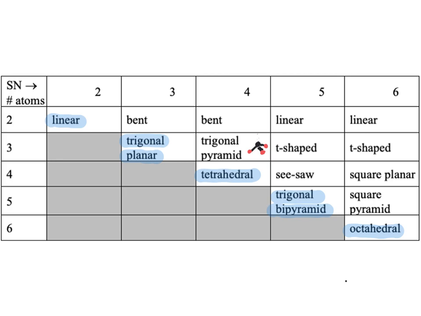So all the sides of that pyramid are triangles, and so that's a trigonal pyramid. Now if I remove one more atom from that, so if I have 2 places where I have lone pairs and only 2 atoms, then I'm back to my water molecule, which we know is bent.